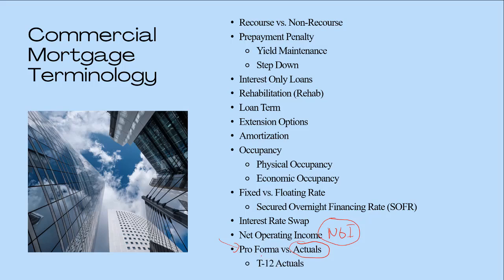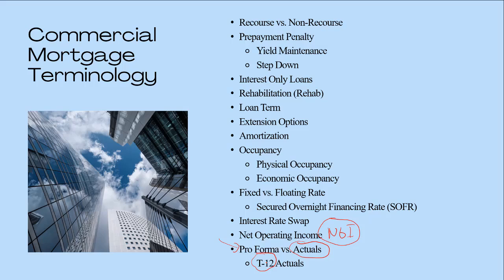So you're going to see this kind of notation T12, T3. What that means is trailing 12. Okay, so what that means is the T12 actuals is basically give me the last 1 year of actual profit and loss. Okay, so when someone asks for the T12 actual profit and loss statement, it's asking for the last one full year.